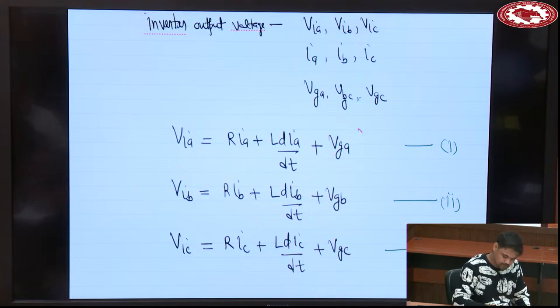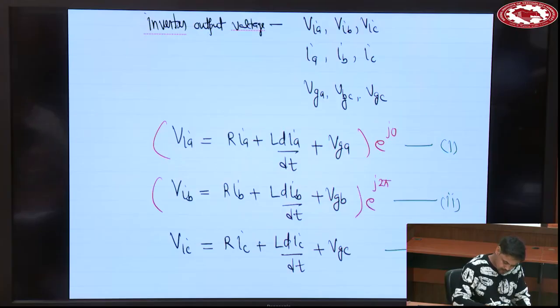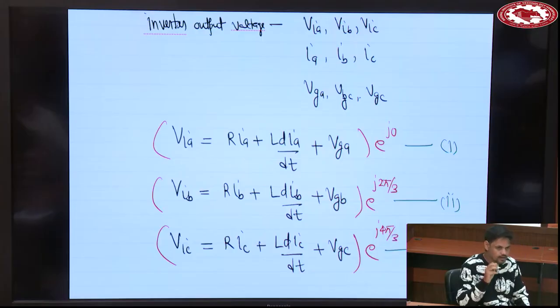Multiply equation number 1 by e^j0, multiply equation number 2 with e^(j2π/3), multiply equation number 3 with e^(j4π/3), add them and multiply by 2 by 3.